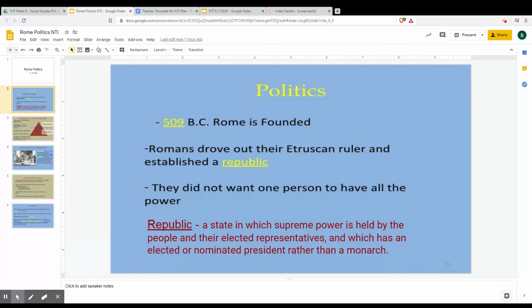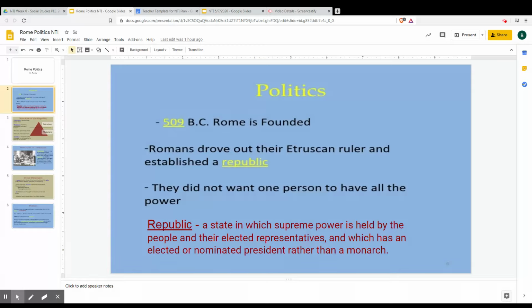509 BC. And there's different debates on when Rome truly started because there's no exact records written down of when the city was founded. And we talked about the founding myth with Romulus and Remus in the last video, these twins that were the sons of Mars, the war god, creating the city and having a divine origin.